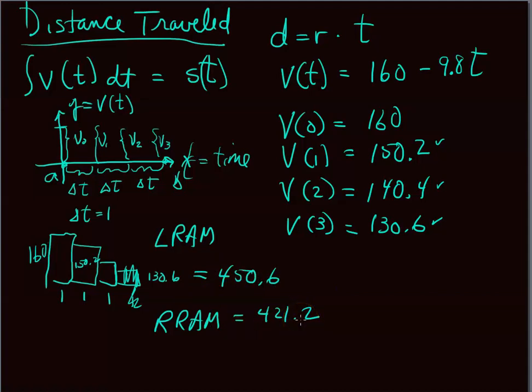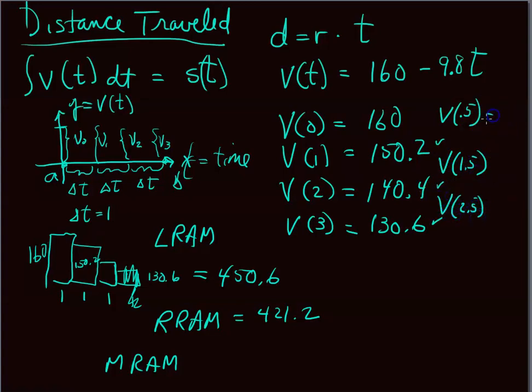What should it be? Well, MRAM gives us a better approximation by using the midpoints. That means we have to find the midpoints of this stuff. So we don't want V of 0, we want V of 0.5, and V of 1.5, and V of 2.5.